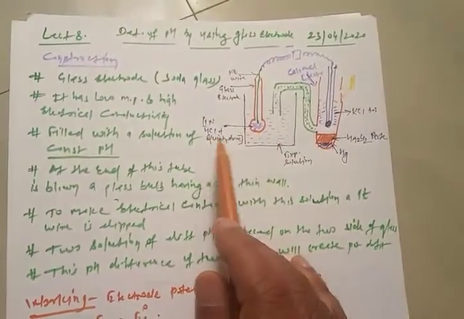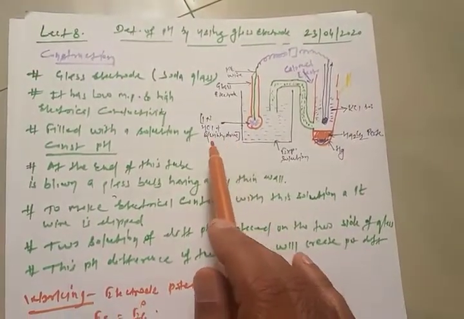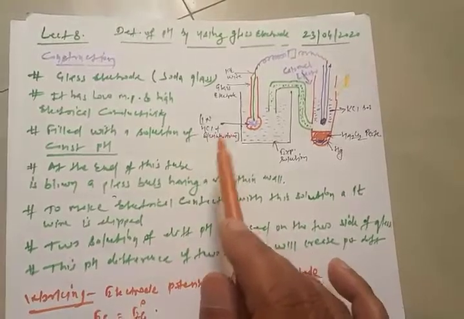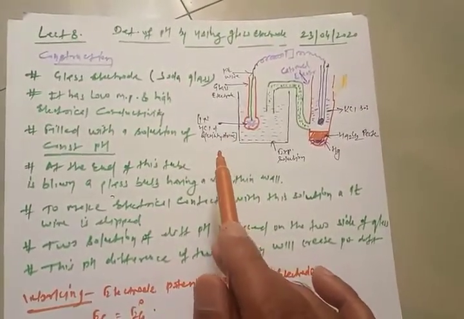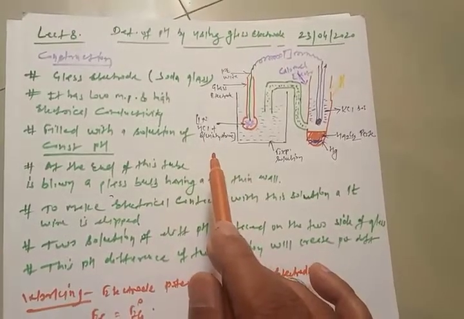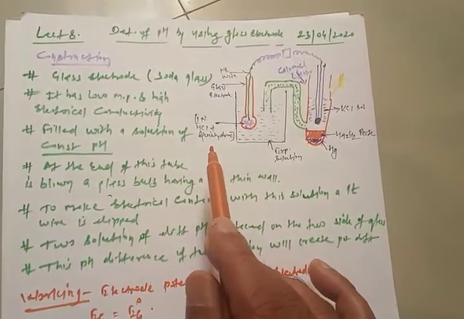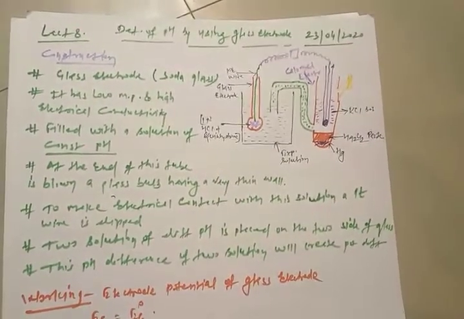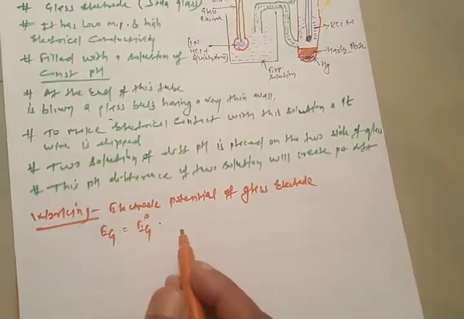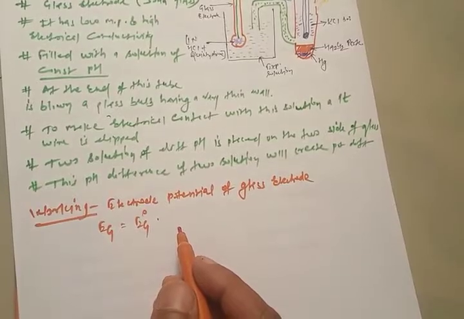Because this is HCl and quinhydrone, this reaction will give you hydrogen ions. So this is the quinhydrone electrode. And if you remember my previous video, the value of that is 0.059 log H plus.